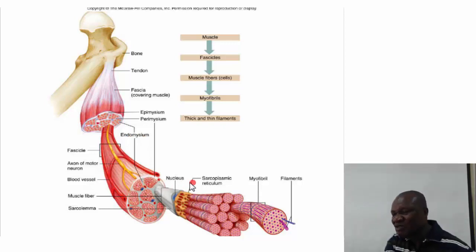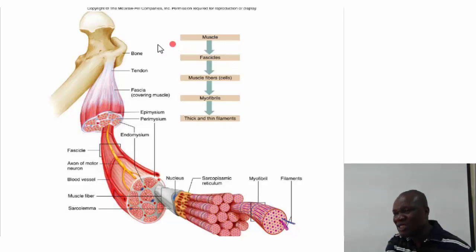Now, the muscle fibers are made up of fibrils. So these are the myofibrils. A collection of them will be found in the muscle fiber. Now, the myofibrils are made up of myofilaments. Now, there are two types of myofilaments. These are the thin filaments and the thick filaments.